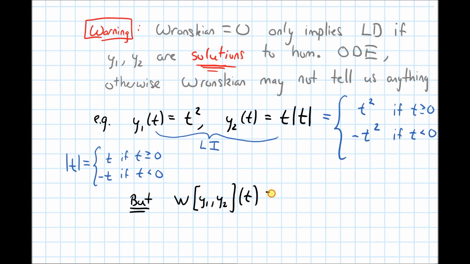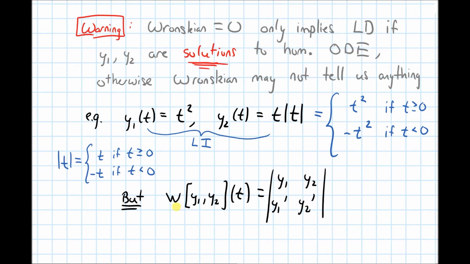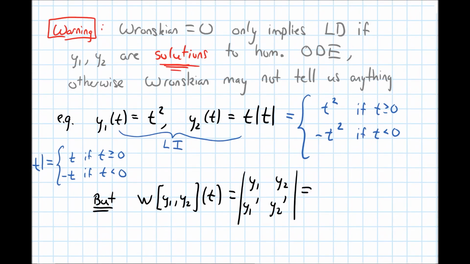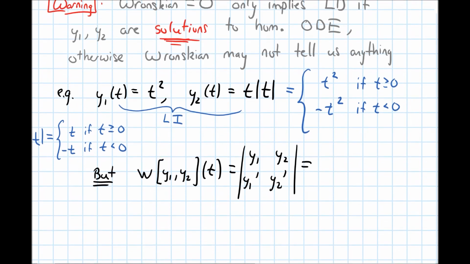So the Wronskian of y1, y2 at t. So I have to form my determinant. I have y1 and then y1 prime, y2 and then y2 prime. So our determinant depends on which piece of y2 we're looking at. So we're going to have to write this as a piecewise function. y1 is always t squared.